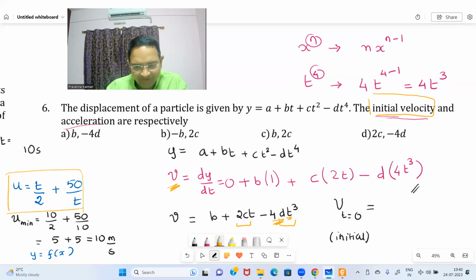Whatever is multiplied will become 0. 4d into 0 is 0. So this will be 0. Are you clear? Yes, sir. So what is the initial velocity going to be? Only this term will be there. Yes or no? So what is the initial velocity? Come on, tell me.